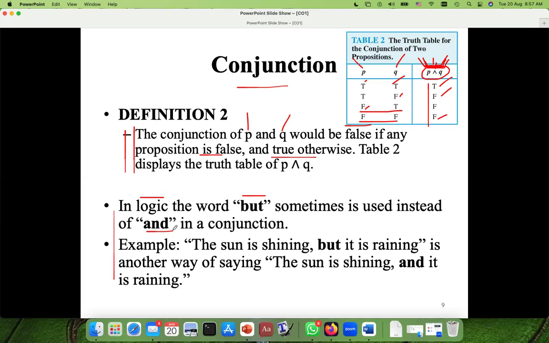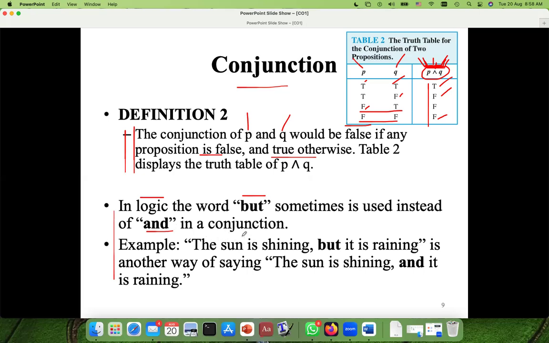In English, sometimes we use but in place of and. If there are sentences and between them you have the word and, you know that this is a conjunction and the other sentences are propositions. But sometimes in English we also use the word but in place of and. The examples are here.